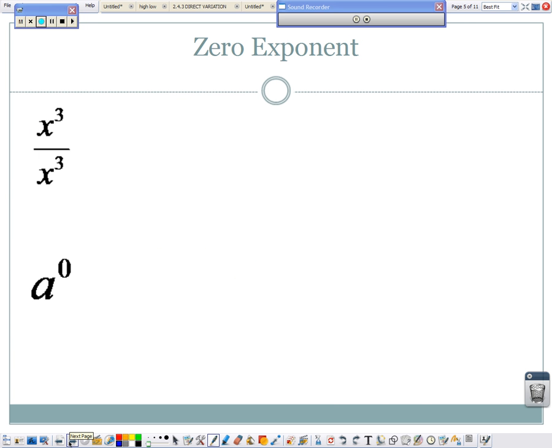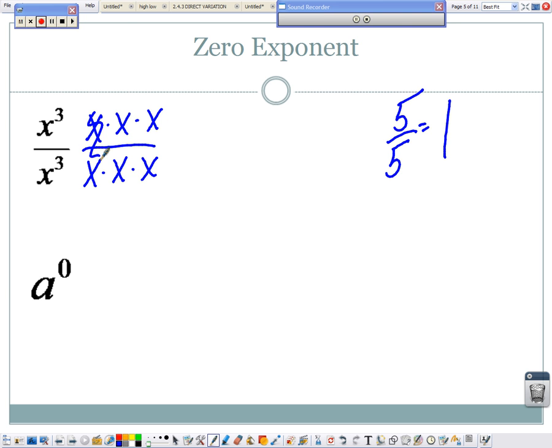All right, the next one is, remember that whenever we're writing a fraction, if I have the exact same thing on top as I do on the bottom, then my answer is 1. So when you look at x to the third over x to the third, they're both exactly the same thing. If I did the expanded form, I had 3 factors of x over 3 factors of x, and everything cancels out.